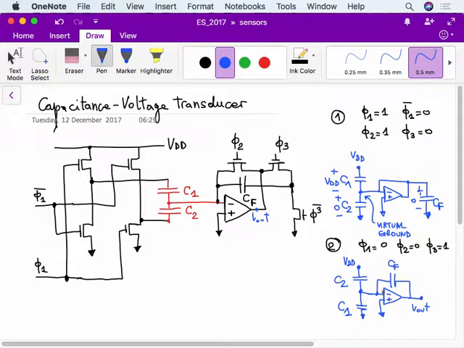So now we again have a similar thing to what we had before. This node, you see, is at the input of this operational amplifier, so it is again at virtual ground.